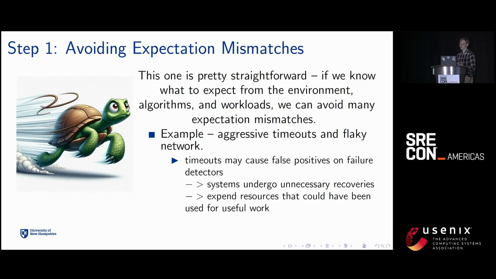Say we have a system that is configured with very aggressive timeouts to reconfigure in case of a failure, so that it provides potentially low latency to its clients, its users. Well, if you misconfigure those timeouts for your environment, those timeouts may cause a lot of false positives on the failure detectors.